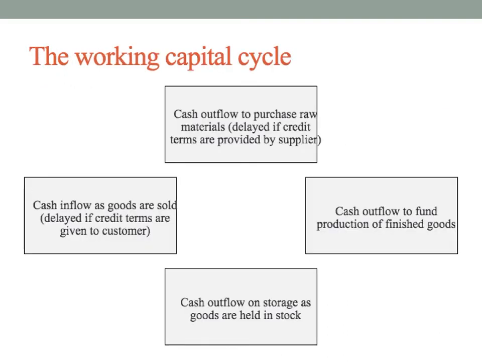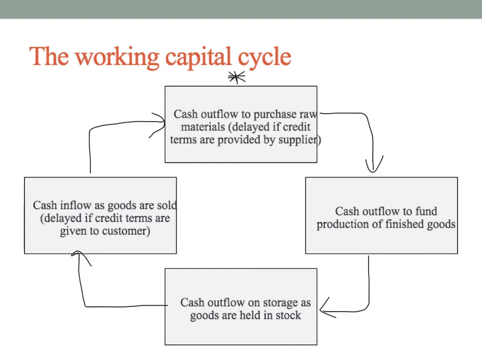So I'm not quite sure exactly what happens to the arrows in this, but I think this would be what your slide would be like. Now this is just an advancement of the first cash cycle that we had in the first section. So remember that we're going to start up here at the top, okay? And it's called the working capital cycle.